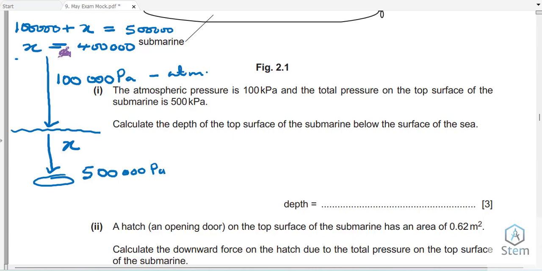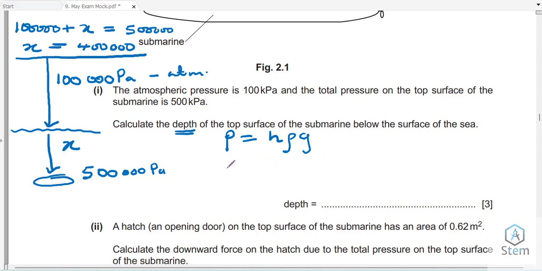And this is the pressure we want to use in our calculation. We know that when we are dealing with fluids, pressure is equal to H rho G. H is the height. In this case, it is the depth of the top of the submarine below the sea.